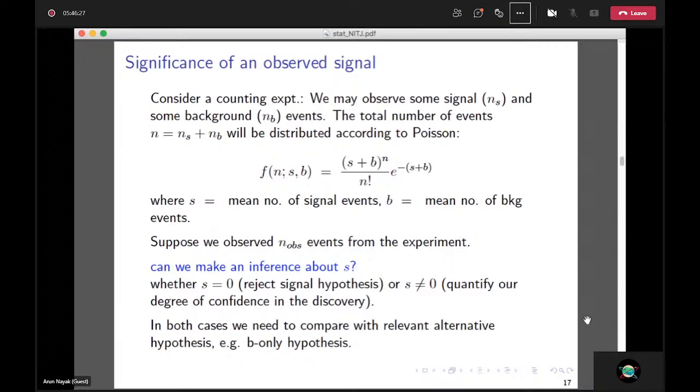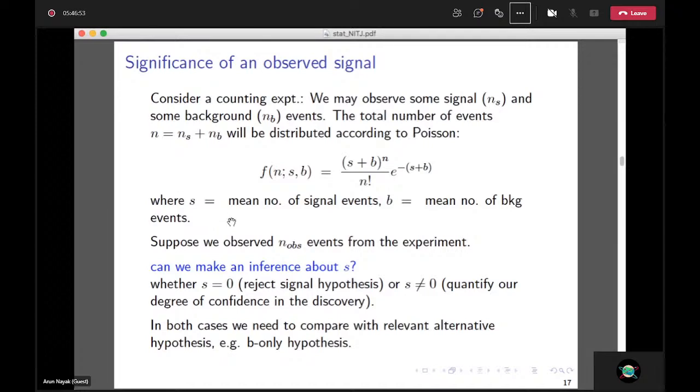We expect from the backgrounds, say, nb number of events, and we may observe some signal ns. So the total number of events n will be ns plus nb, and n is distributed according to the Poisson distribution, which is given by this.